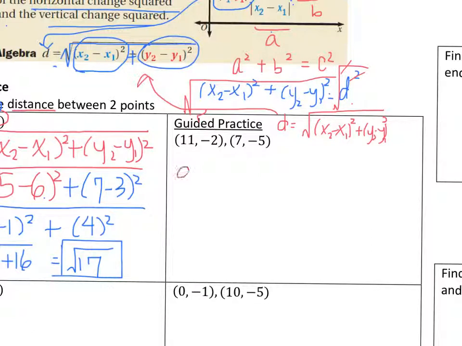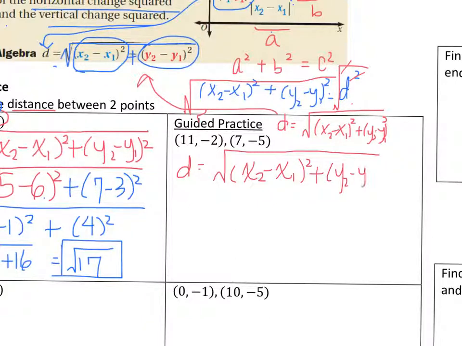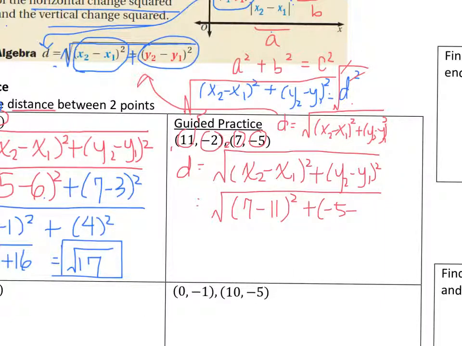Let's try another one. D equals, I'll write the formula just for those who are new to this. I'll let this be point 1, this be point 2. So I'm going to take the horizontal change, 7 minus 11 squared, negative 5 minus 2 squared.